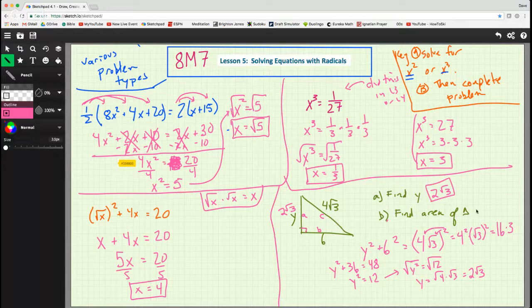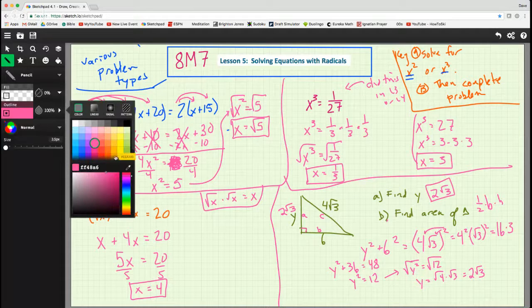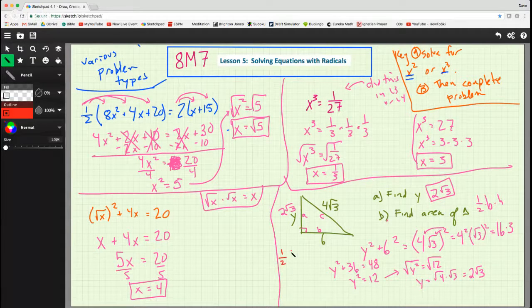Now we have to find the area of the triangle. Well, that's a half of base times height. Let's just do that one in a different color. Half of base times height, and so that equals a half times 6 times the height, 2 root 3.